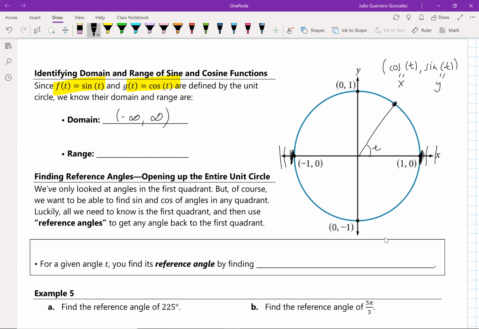So that automatically gives us the range for cosine. And same thing for sine: it bounces from negative 1 to positive 1 and back and forth. So that gives us the range for both of those. It's going to be from negative 1 to 1.